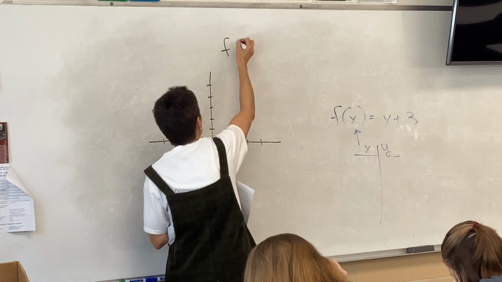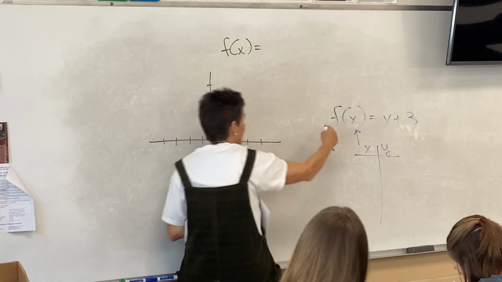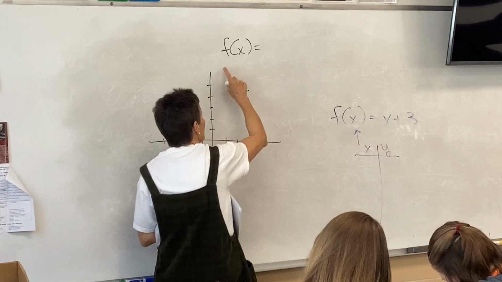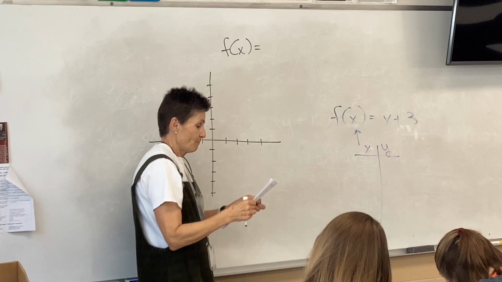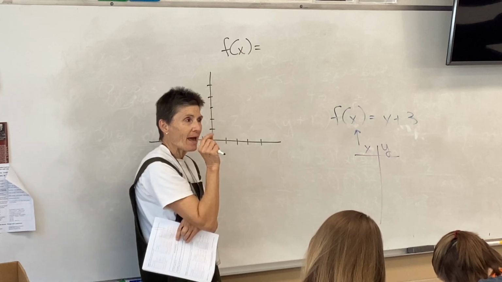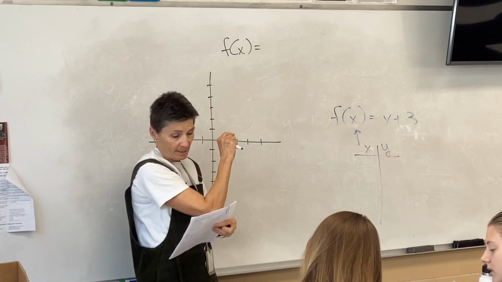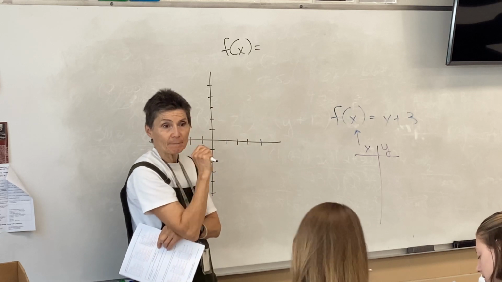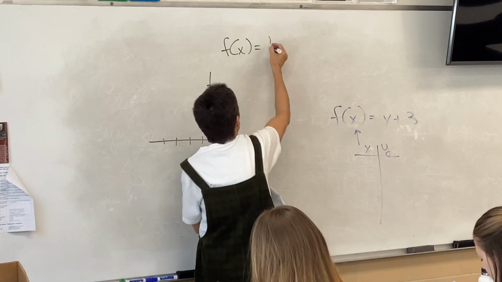Could you write a rule for f? This is called a function rule. Could you write the rule for the function that halves the input and adds 1? What would that be? 1/2 x plus 1. Bingo.